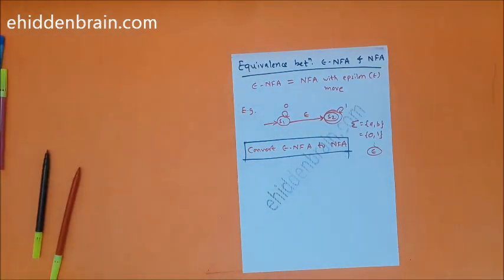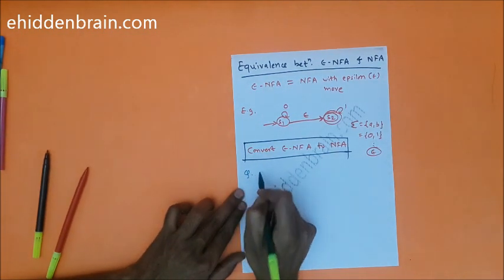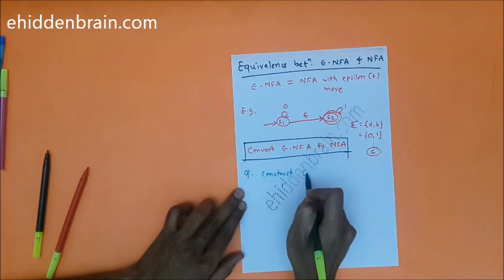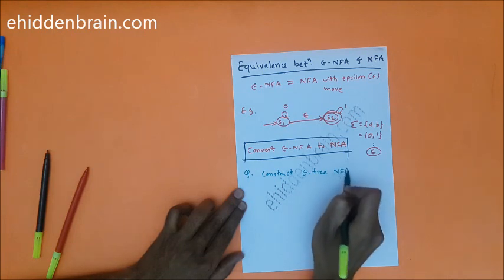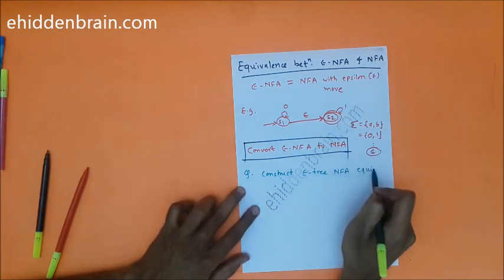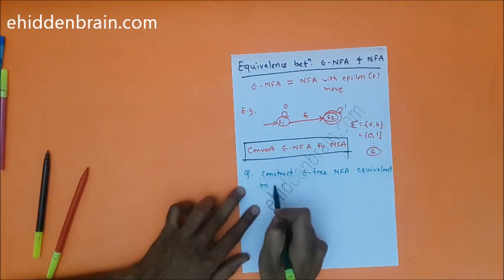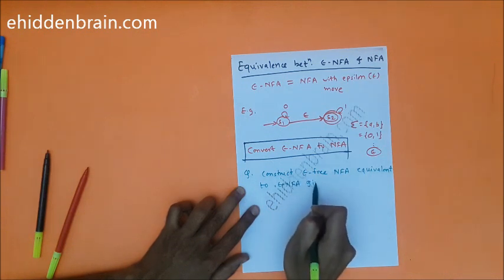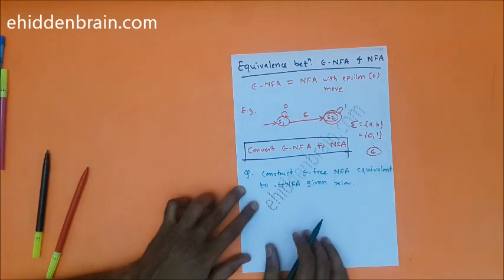How to convert, we'll see with an example, and the question is: construct an epsilon-free NFA equivalent to the epsilon-NFA given below. So this is the question.